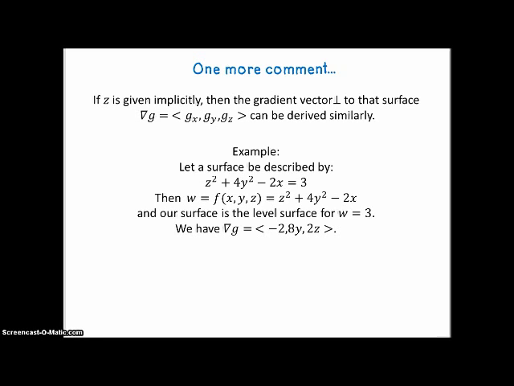And so in this case, you may not end up with -1 in that third spot. But if z is given explicitly and it's all by itself on the left, then when you bring it over, it's always going to be minus z, and that third partial derivative is always going to be -1. So that's the difference between the way z is given to you, or the way the surface is described.